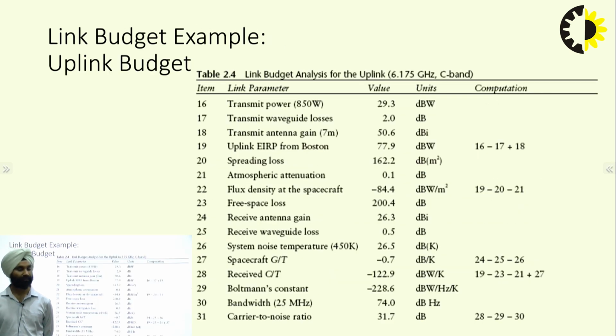So this is the uplink budget where we have the transmitted power given, the transmit waveguide loss, and the transmit antenna gain.